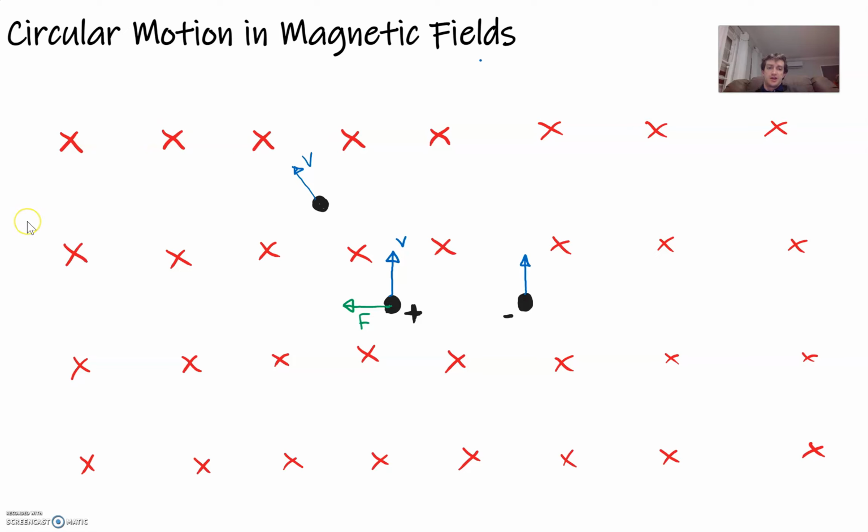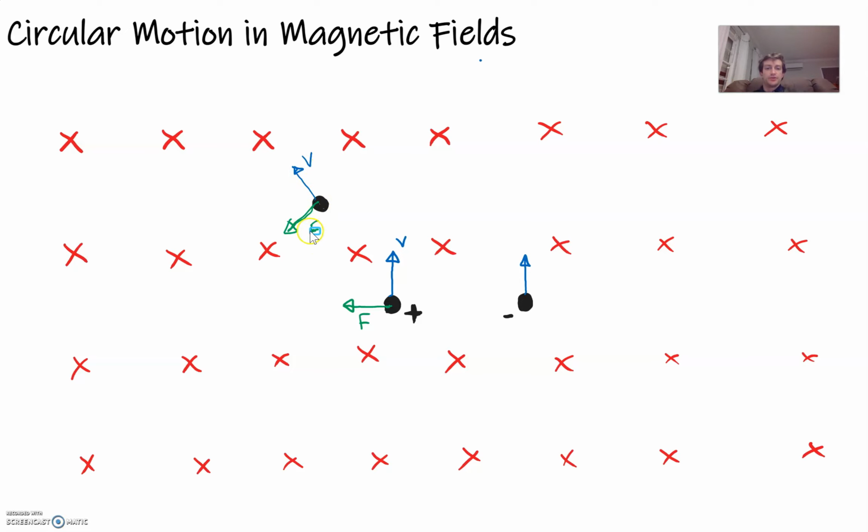And if we use the right hand rule again, we point our thumb in the direction of the velocity and fingers in the direction of the magnetic field, and the force ends up still pointing at 90 degrees to the velocity. The direction of the force has actually changed such that it's always at right angles to the velocity.